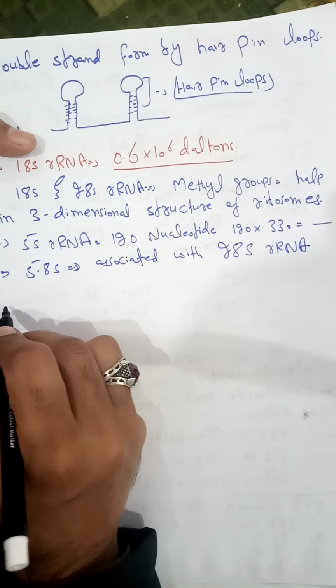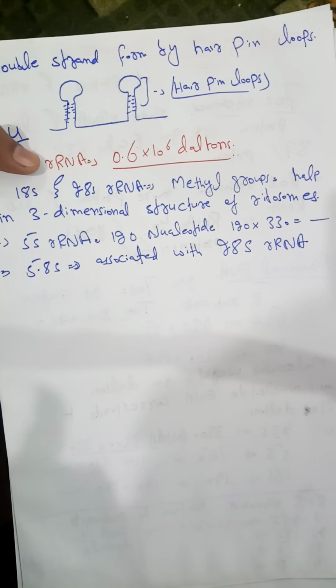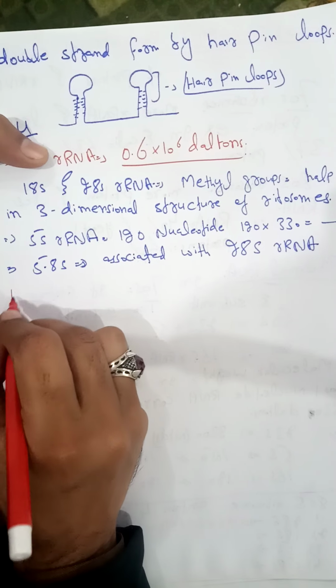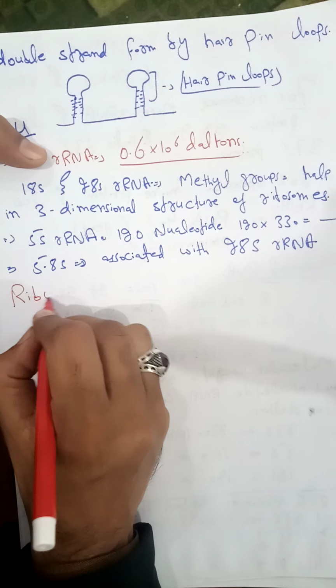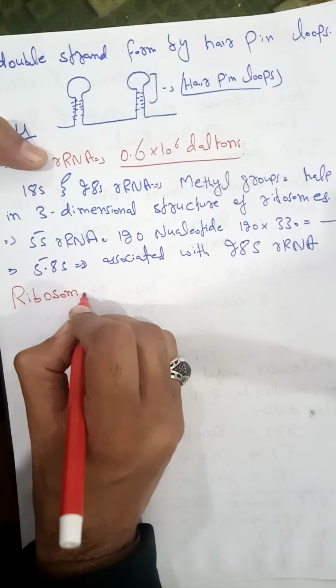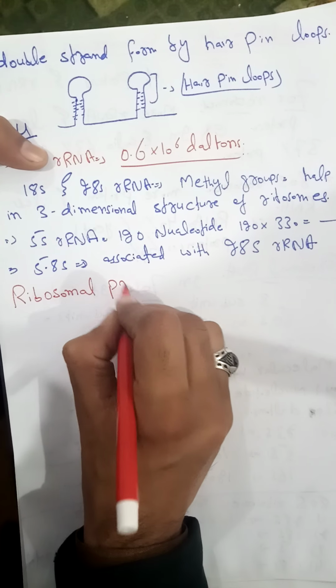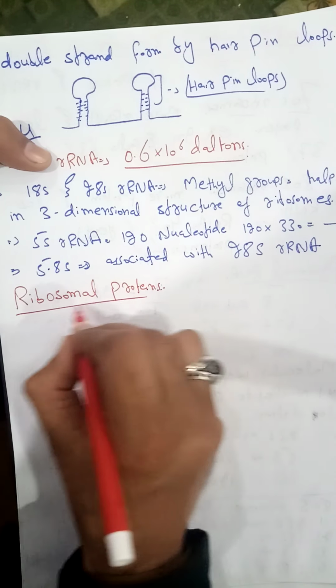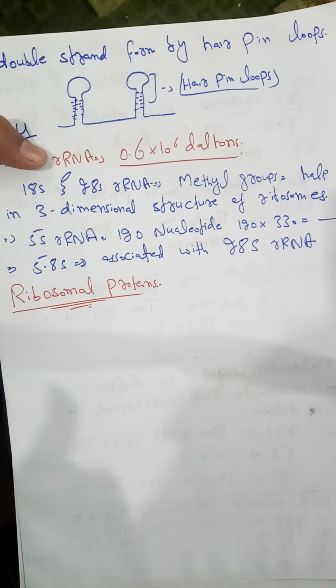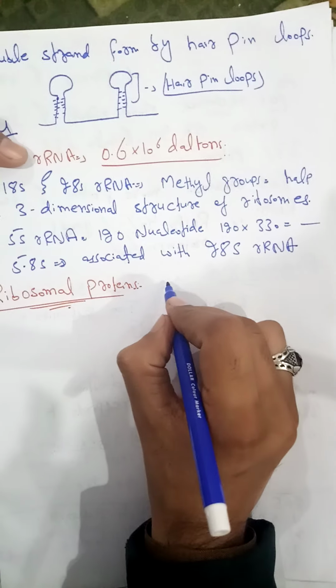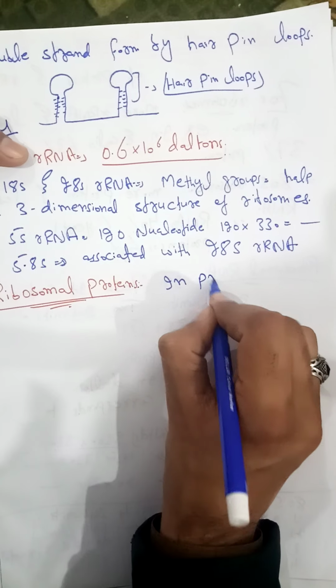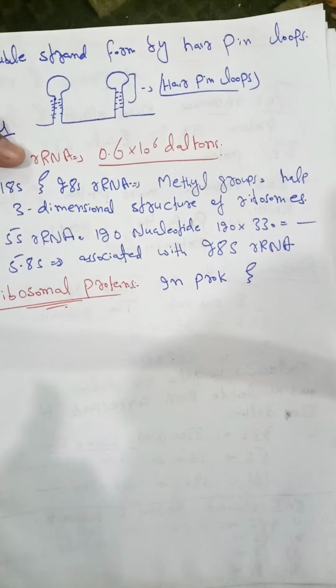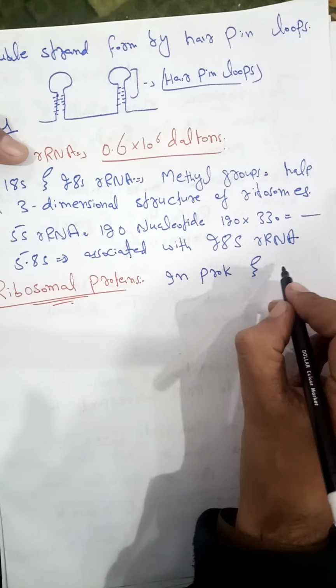Now the ribosomal proteins. The content of these proteins is also different in prokaryotes and eukaryotes.